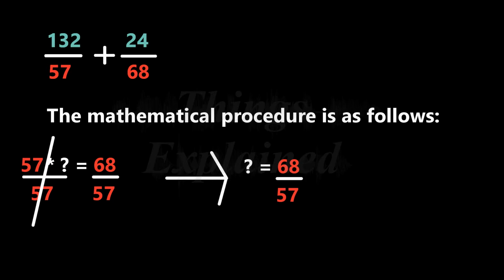If we perform the operation, dividing 68 by 57, we can find the question mark, which represents the number we need to make a 57 into a 68. So, 68 divided by 57, question mark equals 1.193.